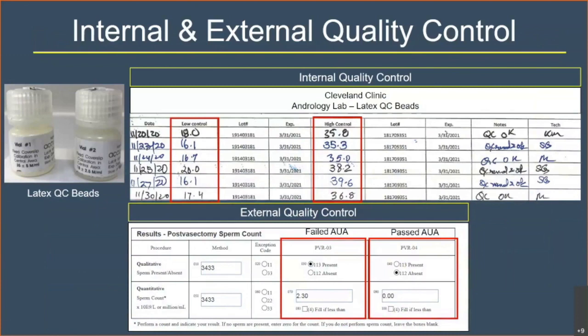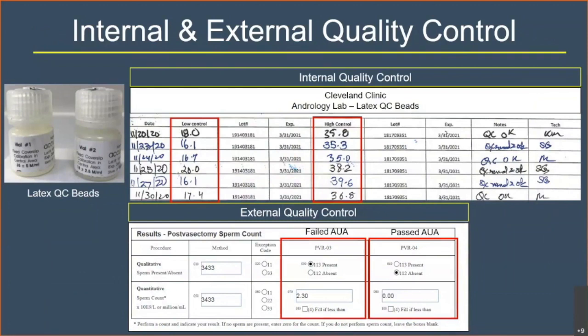Internal and external quality control is important for any test, and this is performed in all andrology laboratories. The internal quality control is testing the quality of the fixed cell chamber, which can be done by doing the low control and the high control. ACU beads, or the latex QC beads, are tested each day of testing.